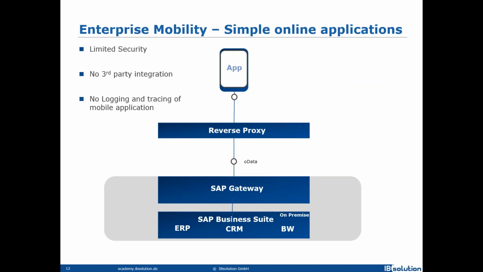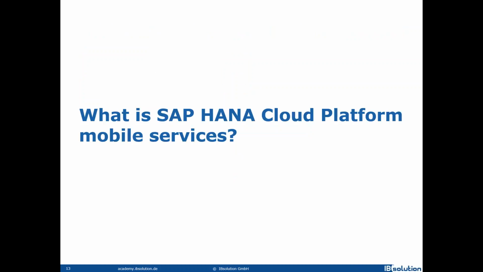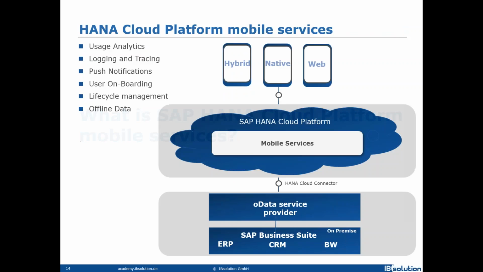So now we come to the SAP HANA Cloud Platform, and this is what it actually does for us. It covers this whole area here, and you can expose the data service, not only through Gateway.